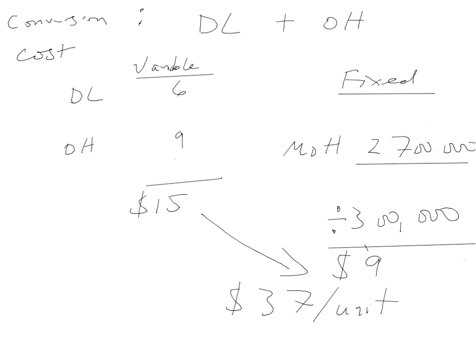We're going to divide that by 300,000 units, so we get $9 of fixed cost per unit. So then we add these two amounts, $15 and $9, and we get $24 of conversion cost per unit.